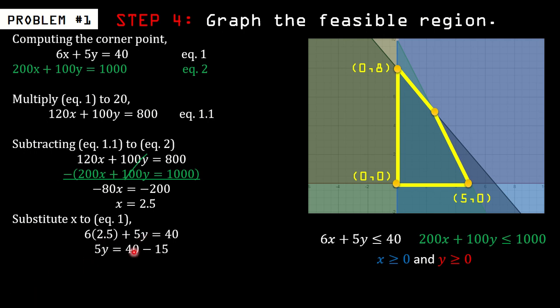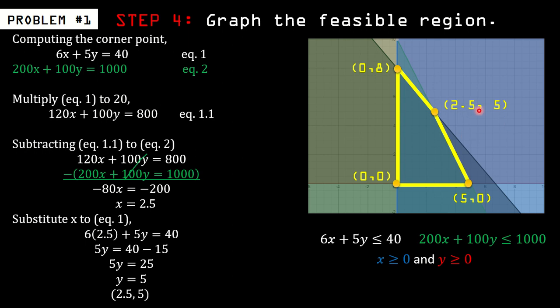Simplifying, 6 times 2.5 is 15. By the addition property of equality, or simply transposing, 5y is equal to 40 minus 15, and 40 minus 15 is 25. Then 25 divided by 5, so y is equal to 5. Therefore, the corner point here is 2.5 comma 5.